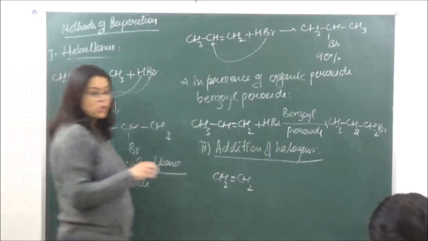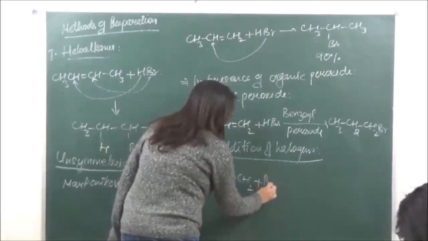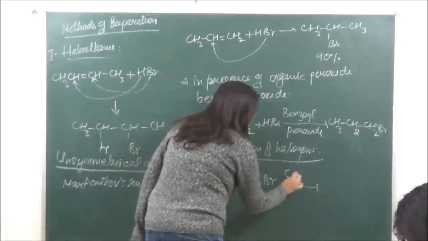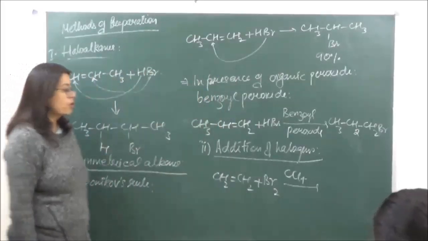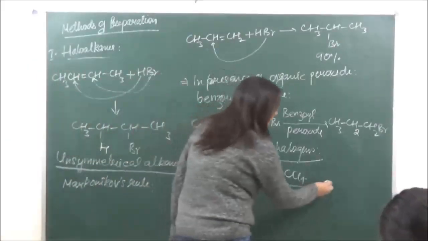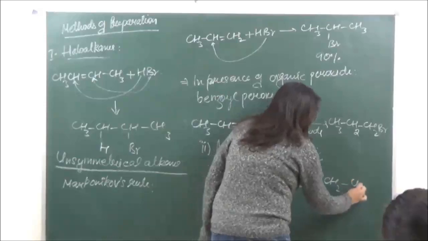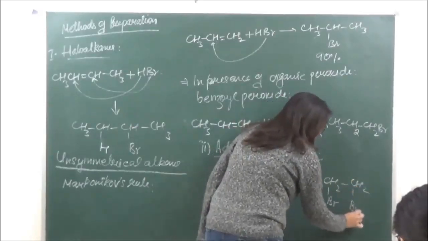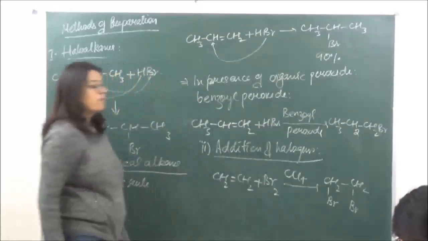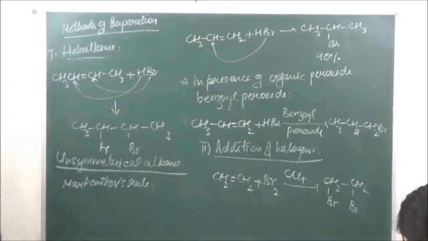This in presence of Br2, and we are using over here an organic solvent, CCl4. This is going to give us vicinal dihalide.